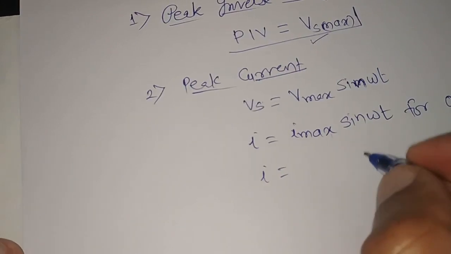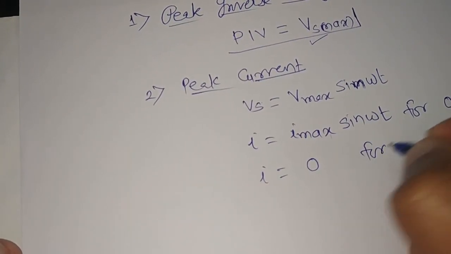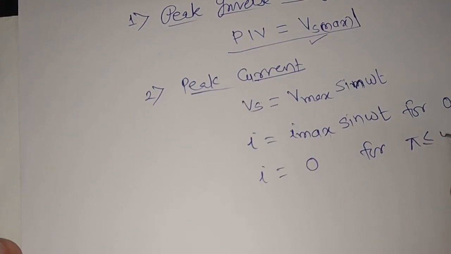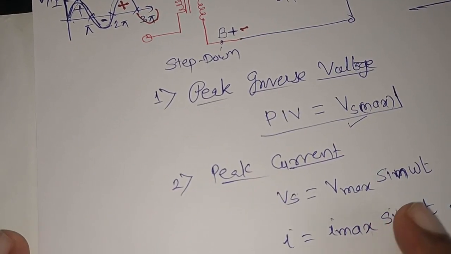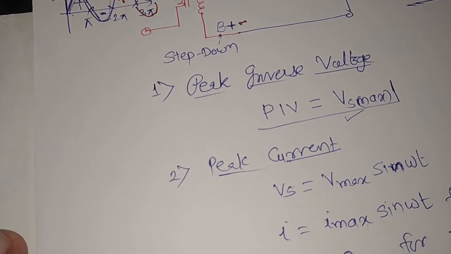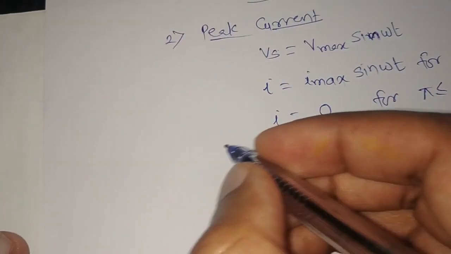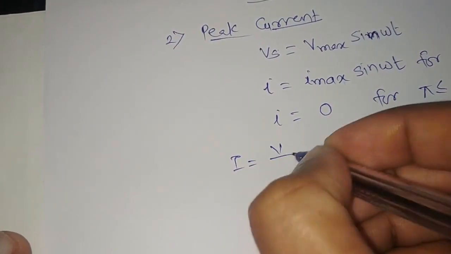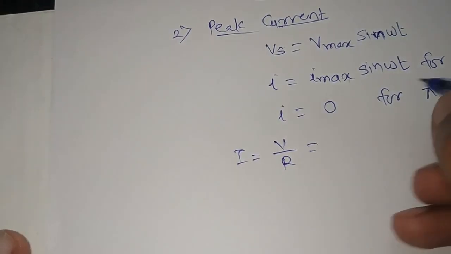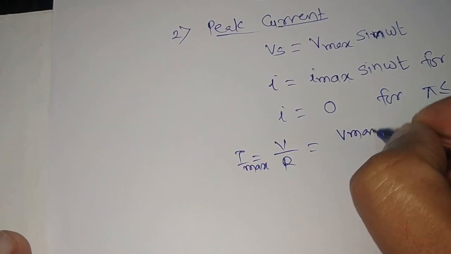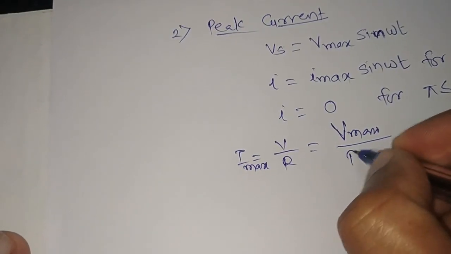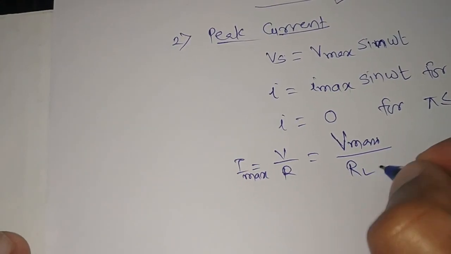So here, mathematically, I current will be 0 for between pi to 2 pi, right? Now if this is the expression for current, if we want to relate it with Ohm's law is simply state that I is equal to V by R. So if we write I max, so I max will be V max by R. So R is RL here.